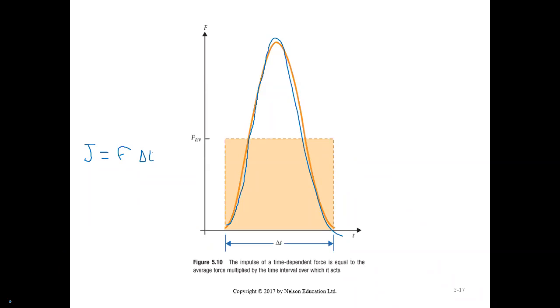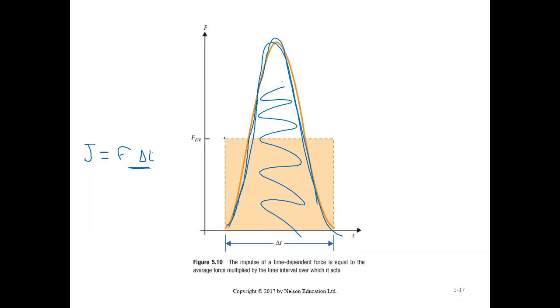Easy. If it is a constant force, the impulse is actually the area under the curve, the F-t graph. But if it is not a constant force, again we say it is the area under the curve.